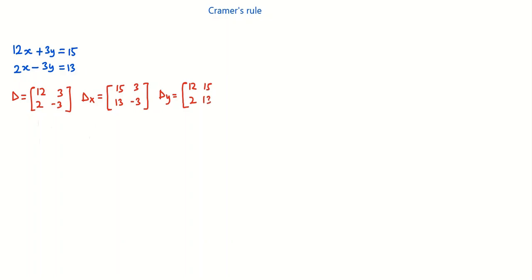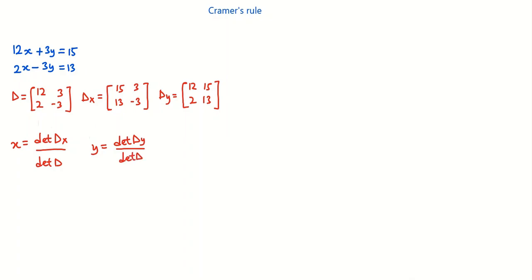All right, so to find x, x will be equal to the determinant of the matrix Dx divided by the determinant of matrix D, and y will be equal to the determinant of matrix Dy over the determinant of matrix D.